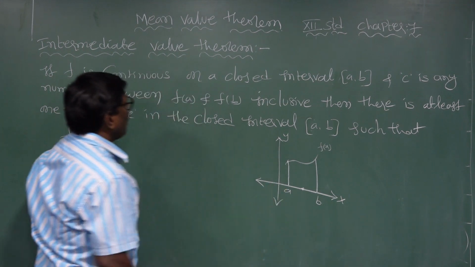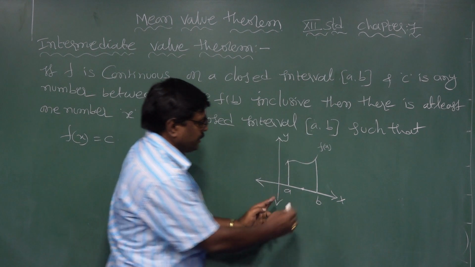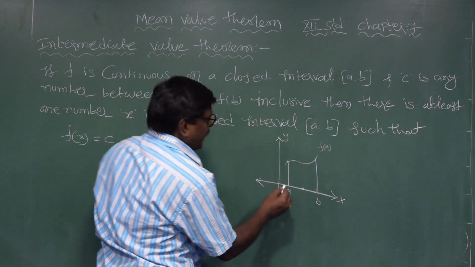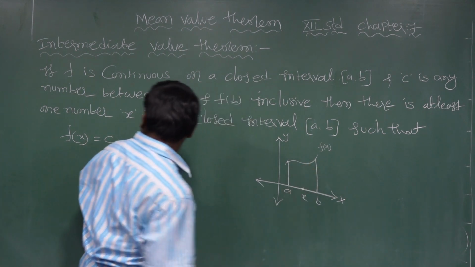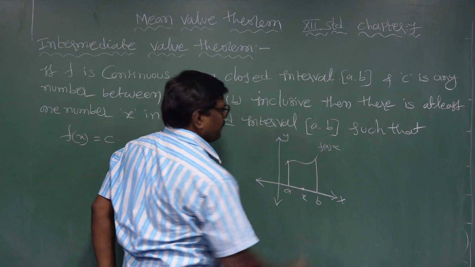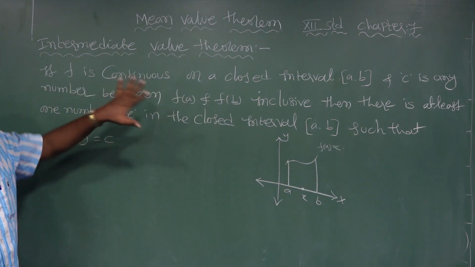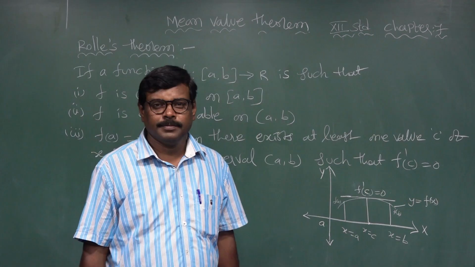For any point in the closed interval a, b, any point x, f of x equals c. This is called the intermediate value theorem.